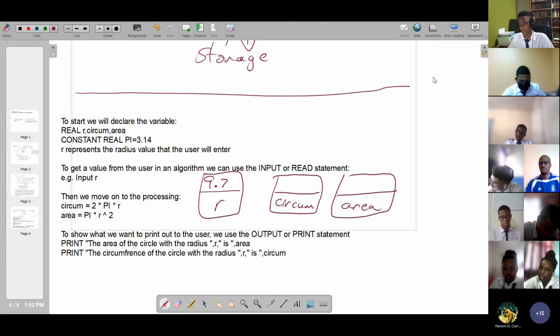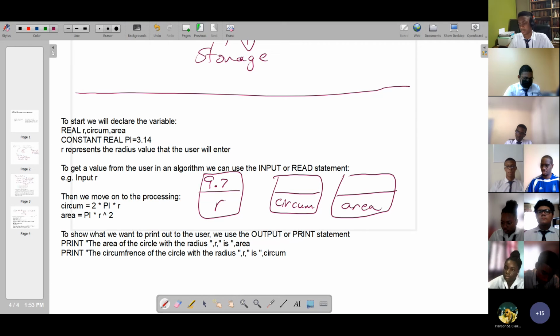And what do we want to do? We want to calculate circumference. Circumference is 2 multiplied by 3.14 multiplied by 9.7, right? We're going to get the value of 60.916 inside of it.